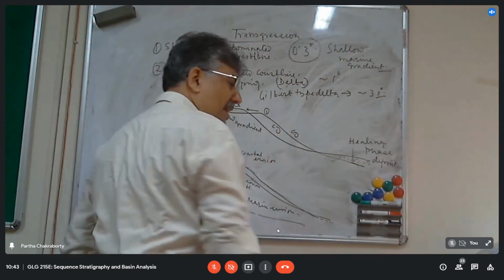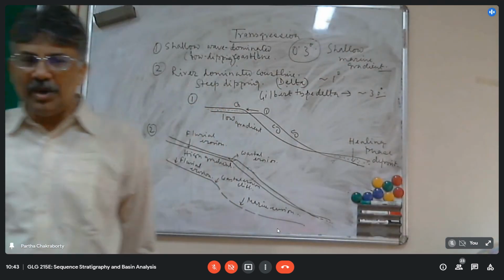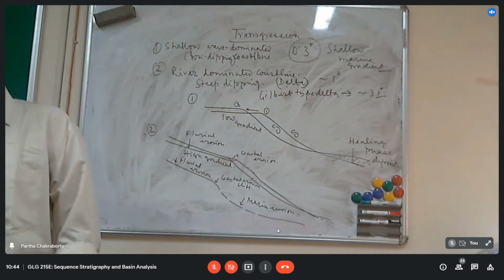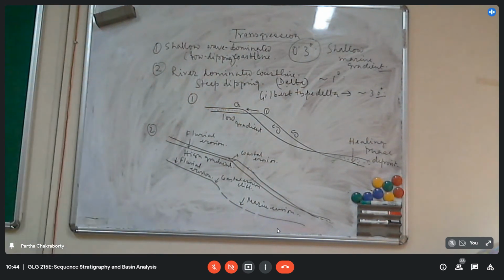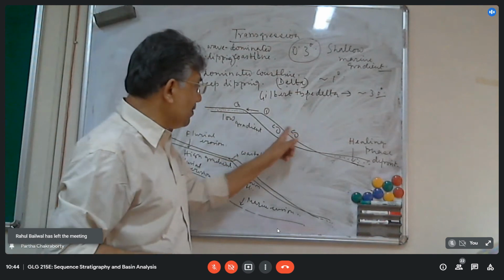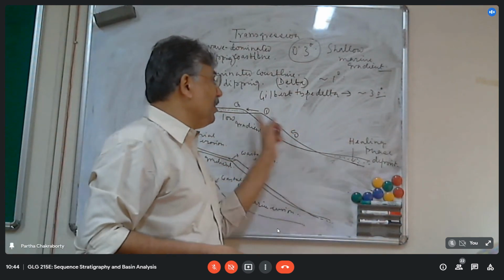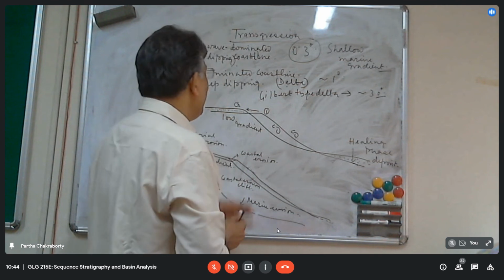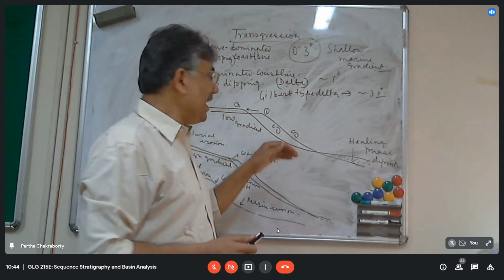So the first diagram shows us the shoreline which is a low gradient, and the wave is maintaining the equilibrium profile. Now I have a transgression.